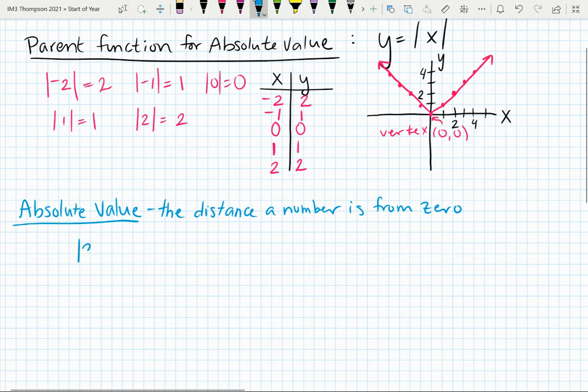Okay, so we know that if I say the absolute value of x is equal to 3, what could x be? What value can I plug into the absolute value brackets to get out 3? 3 and -3, right? So x is 3 and is -3, yeah?